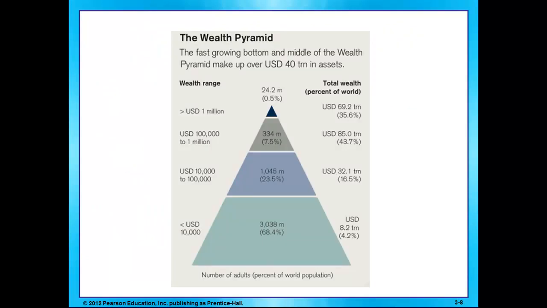One of the most important ways to capture the disparity in income globally is called the wealth pyramid. As you'll see here, globally, the worldwide population can be divided based on its relative per capita income.